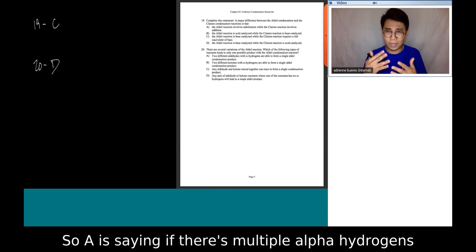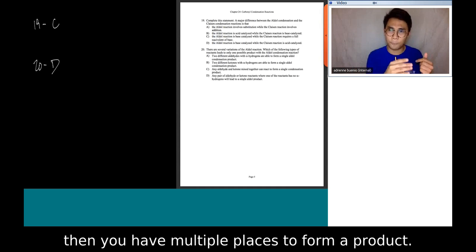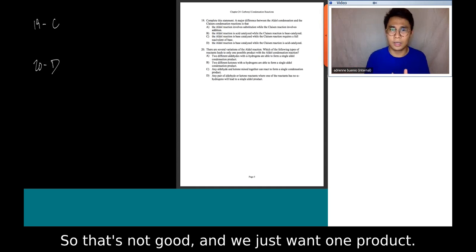So A is saying if there's multiple alpha hydrogens, then you have multiple places to form a product. So that's not good, and we just want one product.